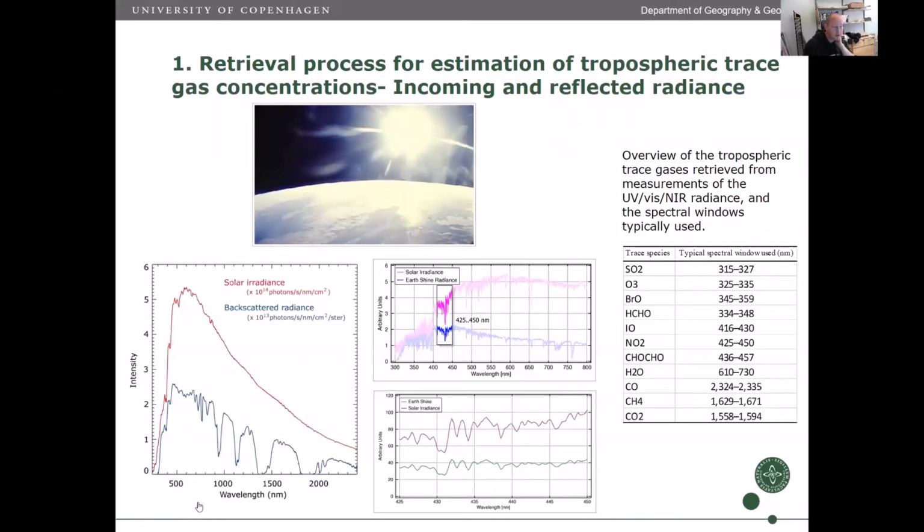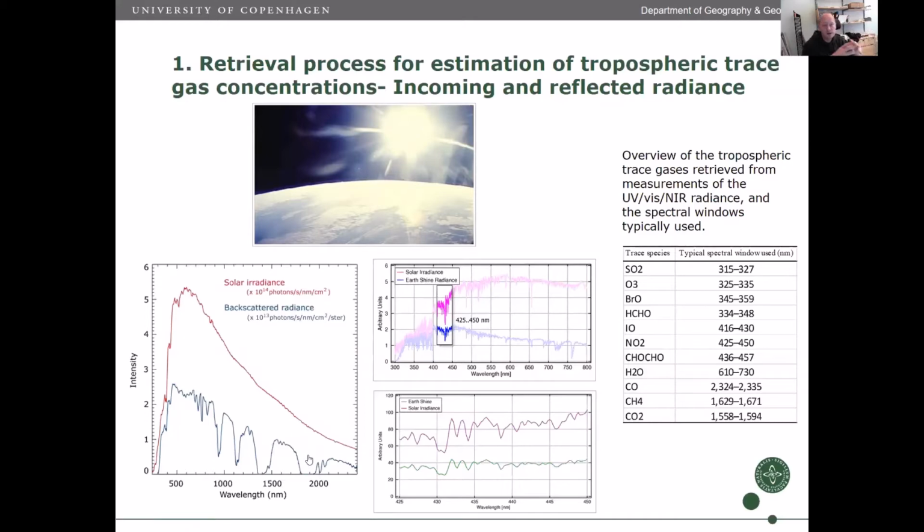Same thing with the amount that is reflected back to space from Earth. It also depends on the wavelength, so that more is reflected back at the visible and the near infrared compared to the shortwave infrareds and the ultraviolets. And these dips here are caused by water absorbing much in these wavelengths.